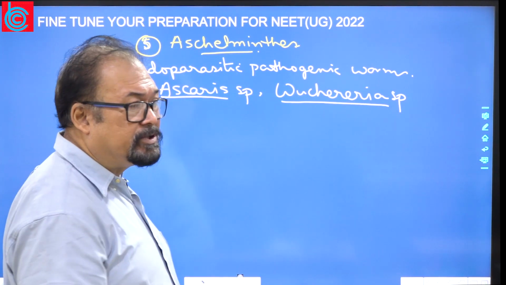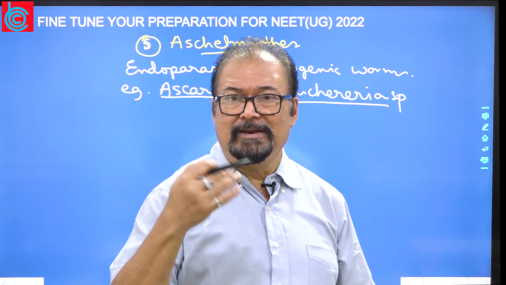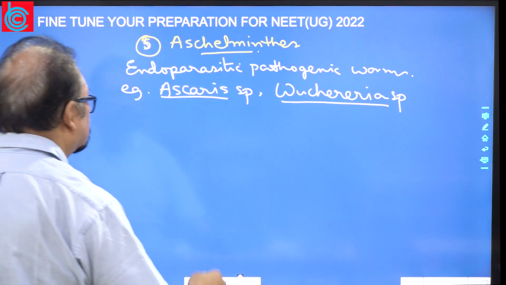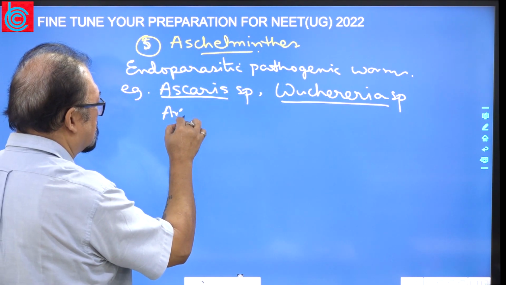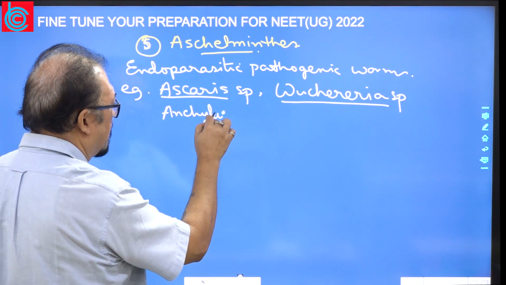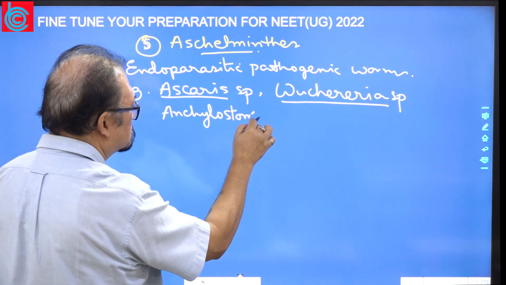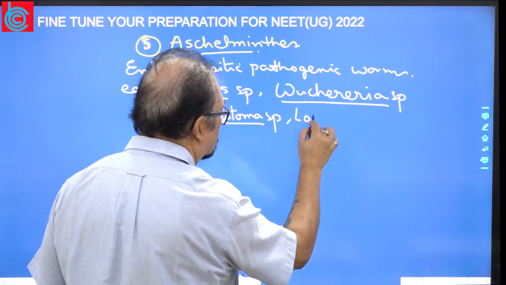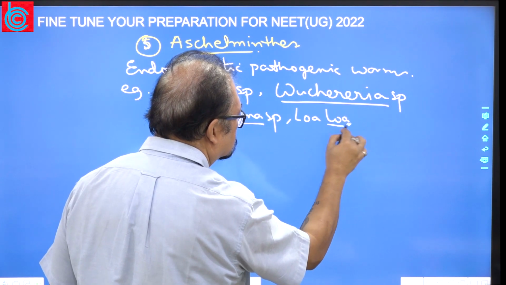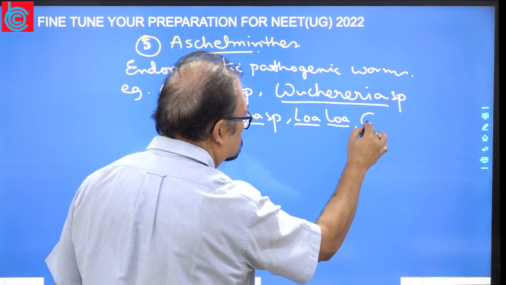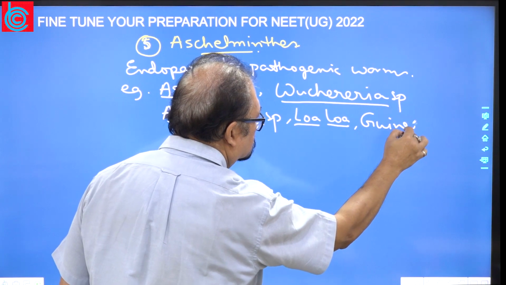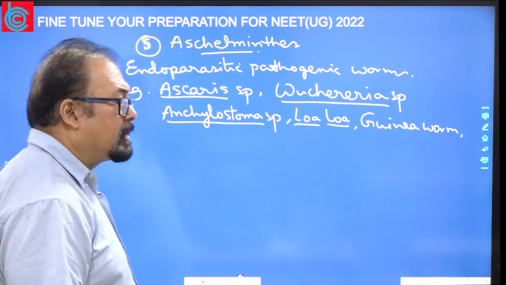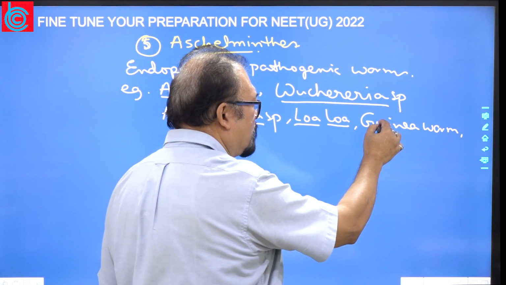If you remember, Wuchereria leads to the disease filariasis. It's a microfilarial worm. Ancylostoma. Loa loa. Guinea worm. Guinea worm is mainly found inside the muscle, but now it has been eradicated.